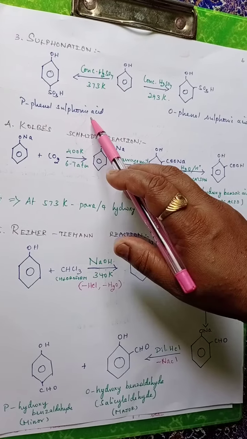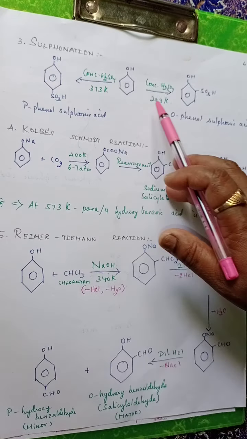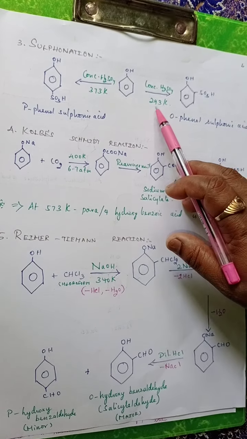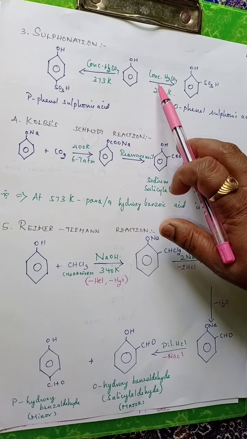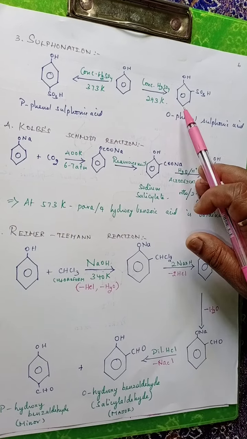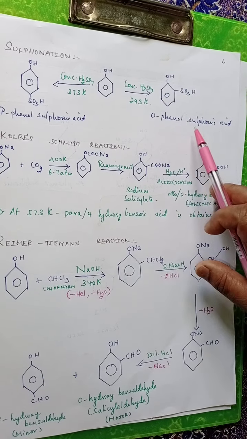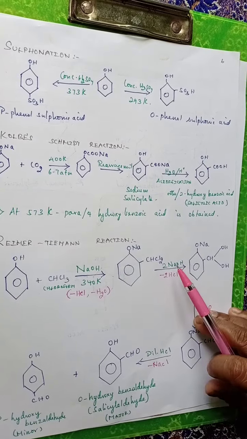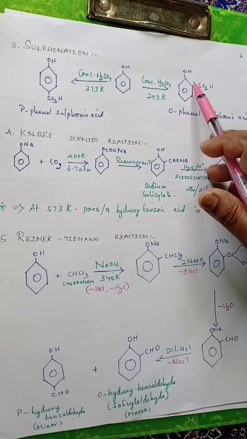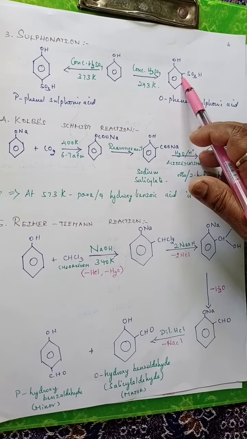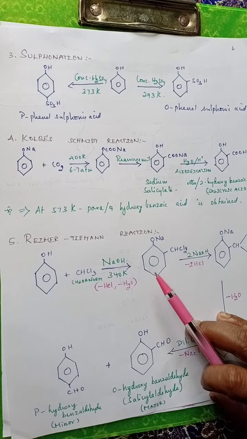If the temperature is lower, like 293 Kelvin, with the same concentrated H2SO4, this leads to ortho-phenol sulfonic acid, the 1,2 position, with HSO3. Here the replaced hydrogen and the hydrogen from the acid go off as H2 gas.